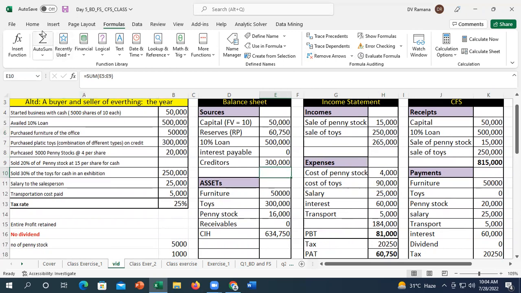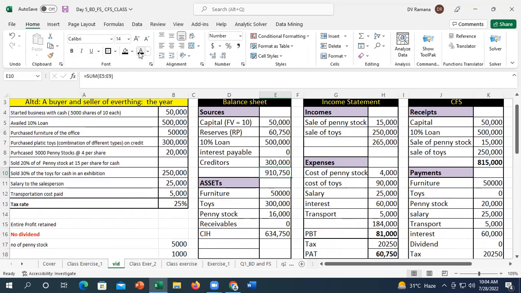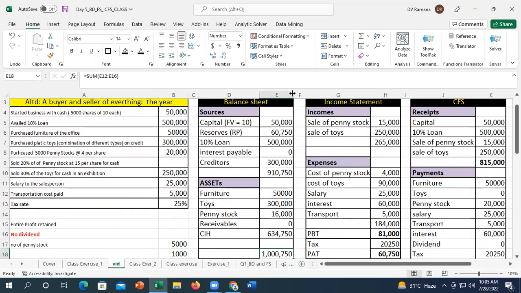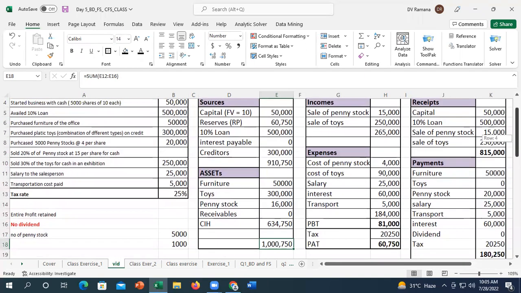The total of the assets should be equal to the total of the sources, because if an asset is there, there has to be a corresponding source.